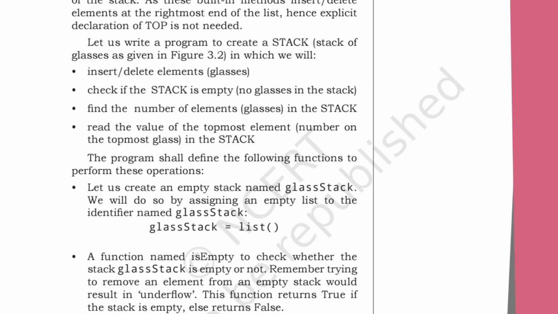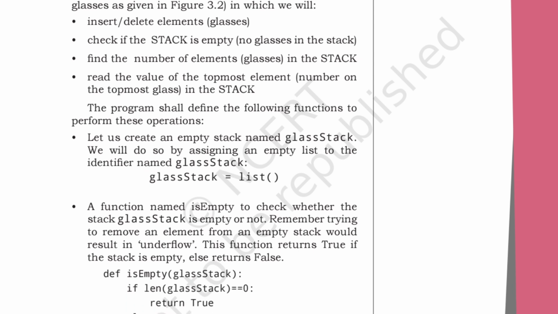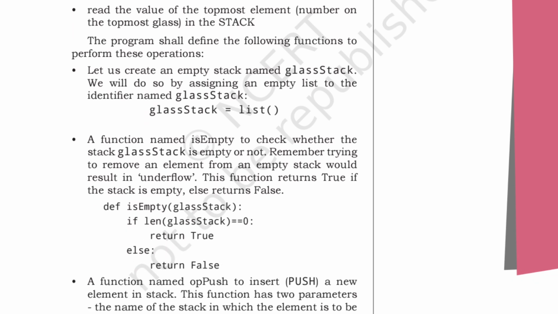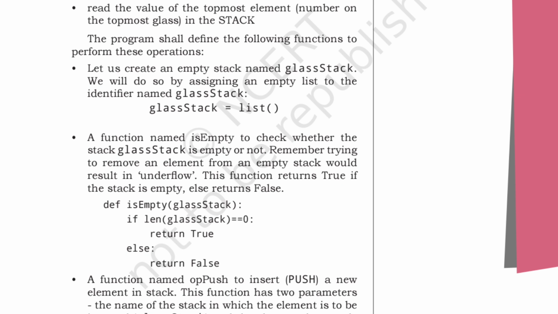Let us create an empty stack named glass stack. We will do so by assigning an empty list to the identifier named glass stack. Glass stack equals list, we are using here. Now we use the def keyword in Python, then isEmpty. Removing an element from an empty stack would result in underflow.